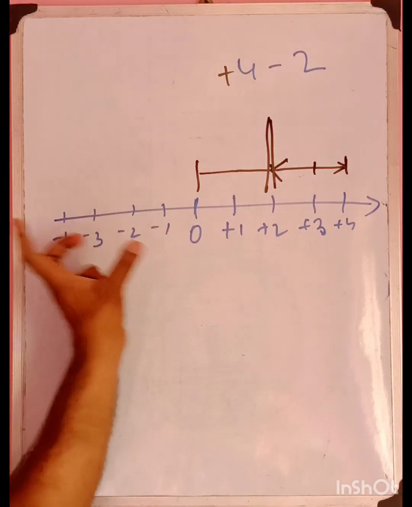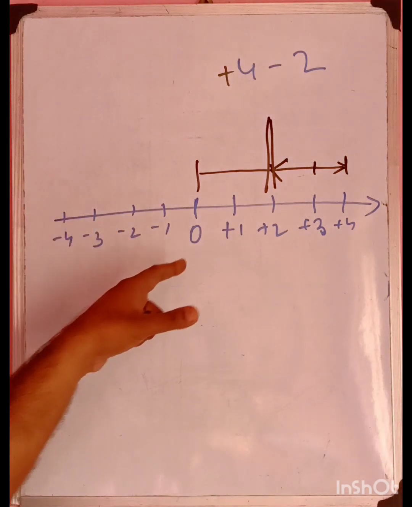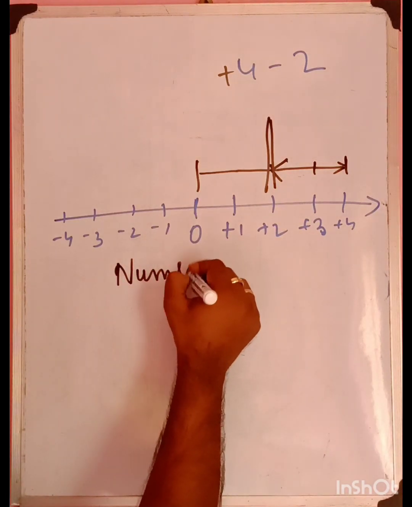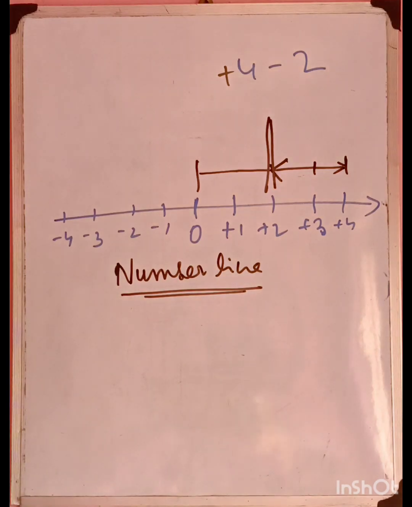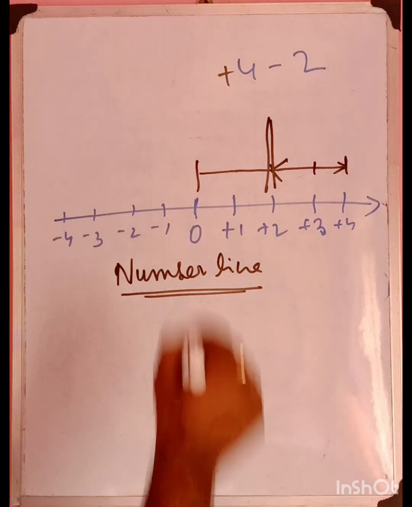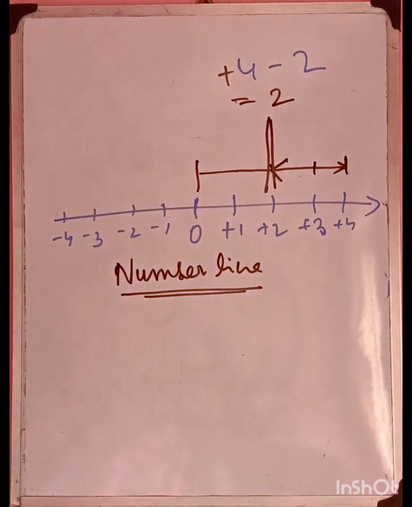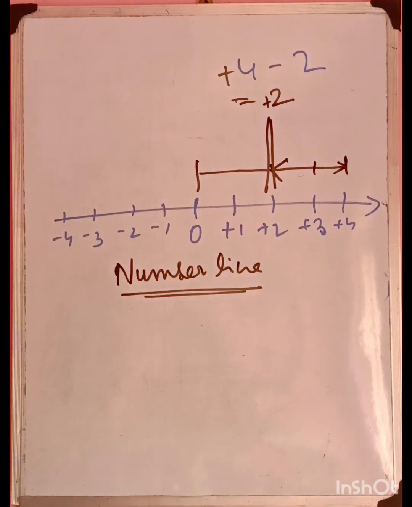Clear? This is how an addition or subtraction is represented on a number line. The number line will help you to check your answer. Okay? You have learned about addition and subtraction in your class 6 chapters.